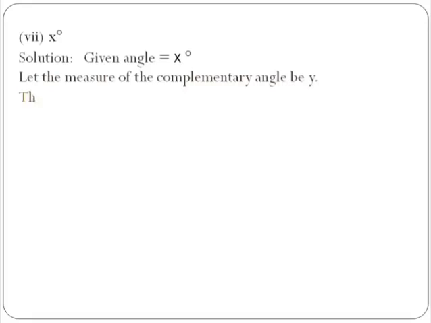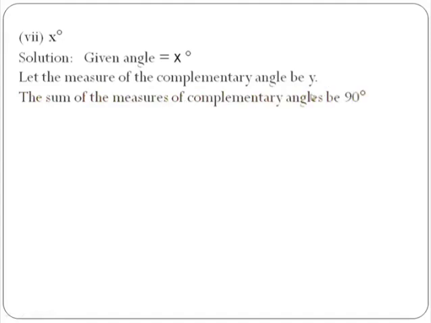Now we know the property, the sum of the measures of complementary angles is 90 degrees. Now we will get the equation x plus y equal to 90. Now here you have to find the value of y. You don't have to find the value of x because x is the given angle. You have to find the complement of x degrees.